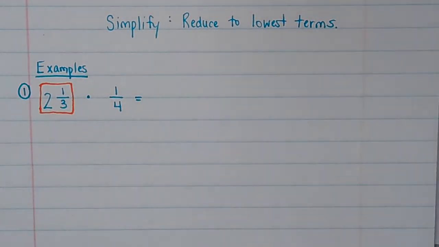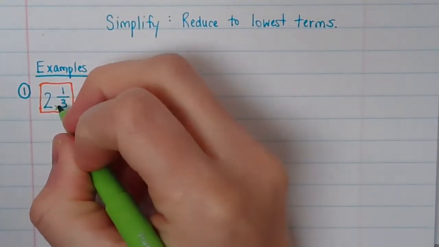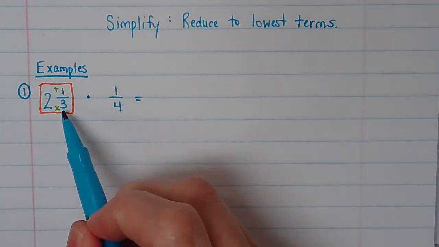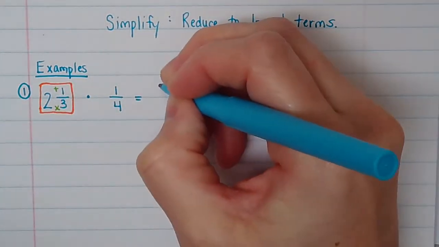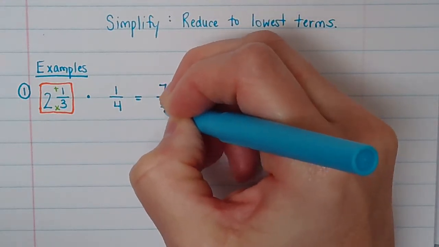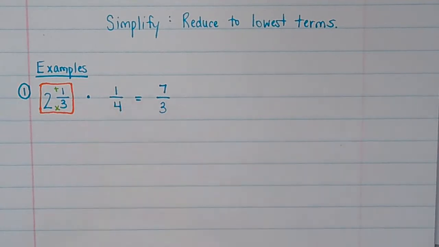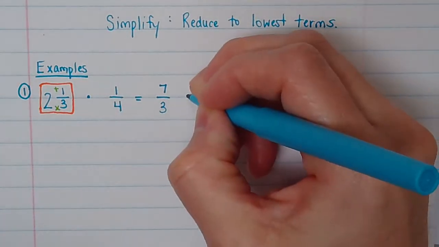So I got to do 2 times 3 plus 1. 2 times 3 is 6, plus 1 is 7. So it's going to be 7 over 3, because the denominator stays the same. You don't have to change this one, it's already in fraction form.